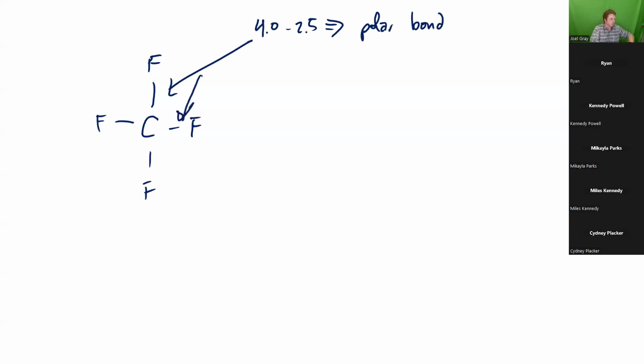That's a polar bond. That's a polar bond. That's a polar bond. So we have 4 polar bonds. Now my question for you, thinking about symmetry versus asymmetry, and thinking about canceling out, is this molecule CF4?